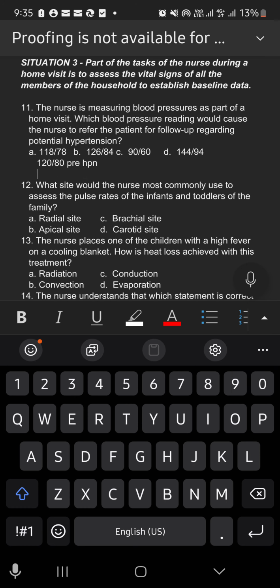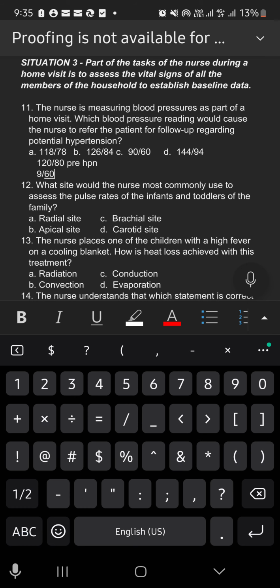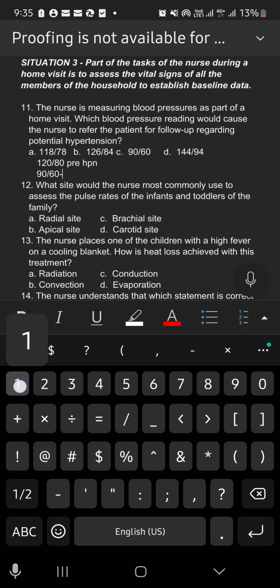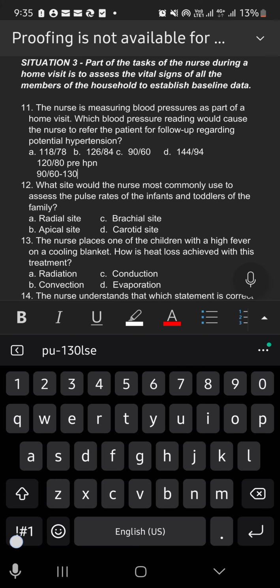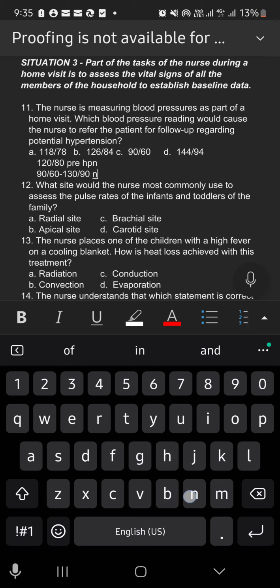Now, this 90/60 to 130/90 is considered as normal tension. Okay, normal tension. The term could be normal tension.